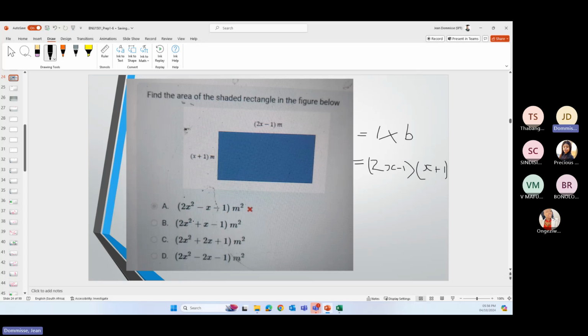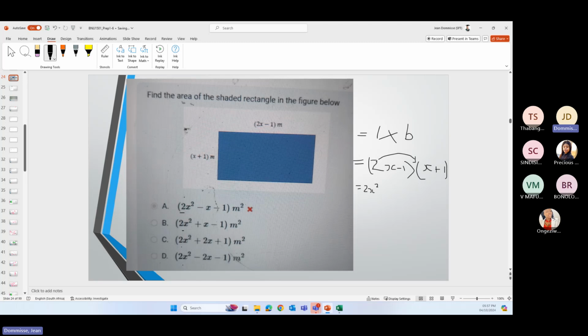So we don't have it in brackets as answers. So we will need to multiply that out. So by using our normal equation maths, 2x times x will give me 2x to the power of 2. And what I normally do is to check. So I'm like, okay, unfortunately, all of them are still correct.